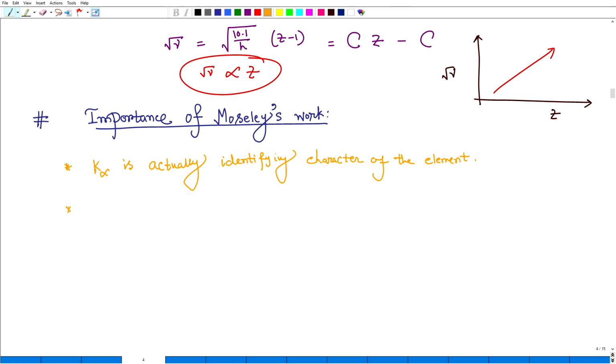Okay. Now second point. Before 1913, because we have to keep in mind that Moseley's work was in 1913. So before 1913, as I said, in the periodic table the elements were actually ordered in terms of atomic weight.